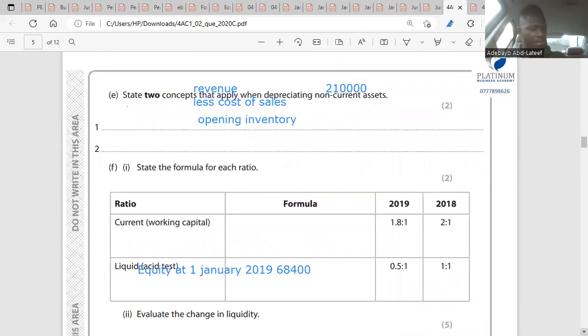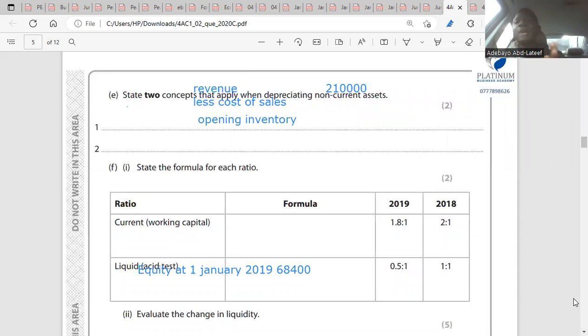Are you there? Yes. They said, state two concepts that apply when depreciating non-current assets. When talking about concepts, we are talking about accounting concepts. And accounting concepts we have accrual, matching concept, we have consistency. These are different accounting concepts we have.